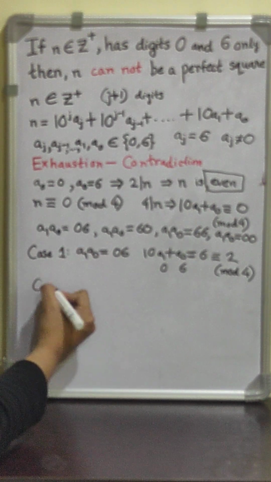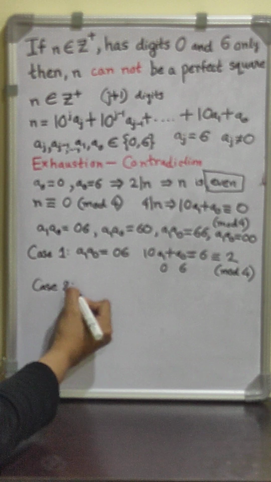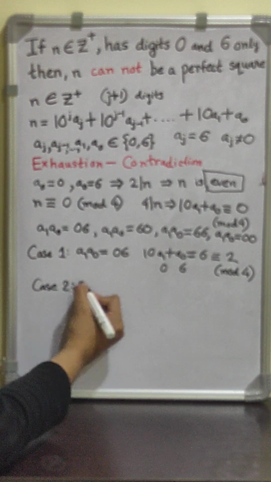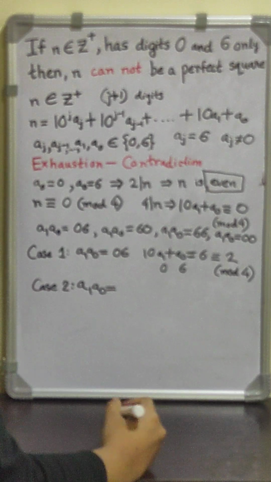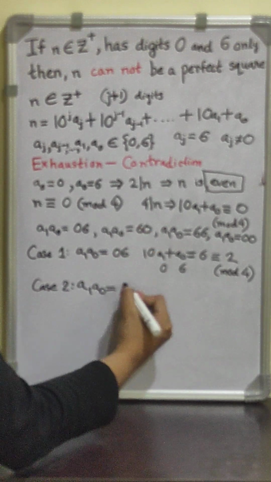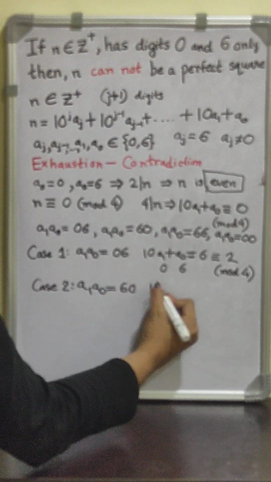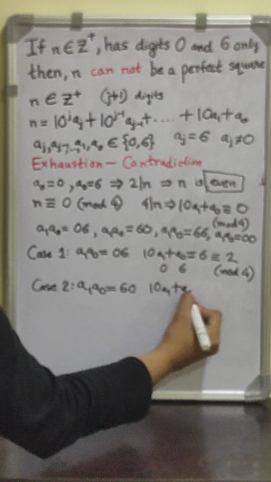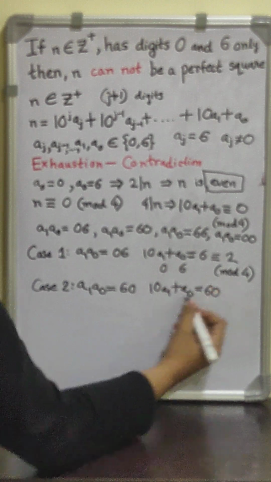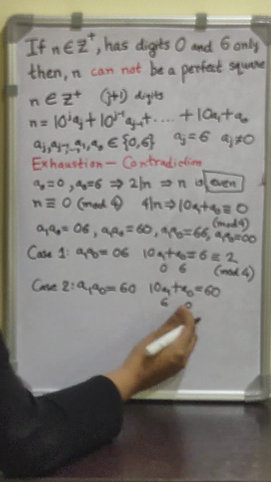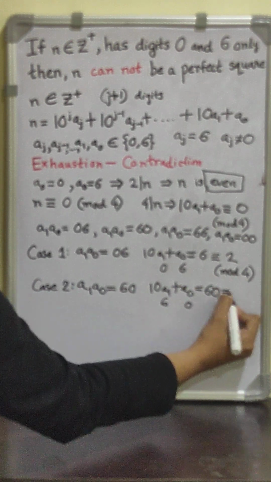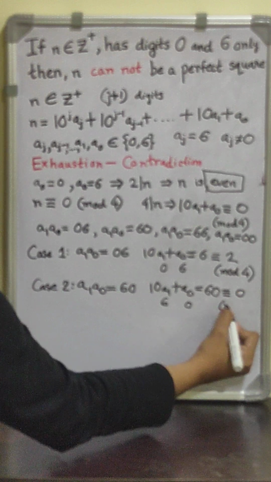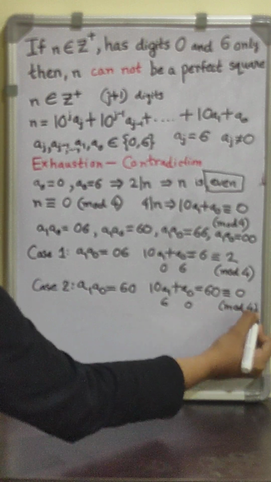Case 2. Is 60 divisible by 4? Slightly edgy. I think yes. A1 is 6, A0 is 0. Is 60 divisible by 4? Yes, it is.